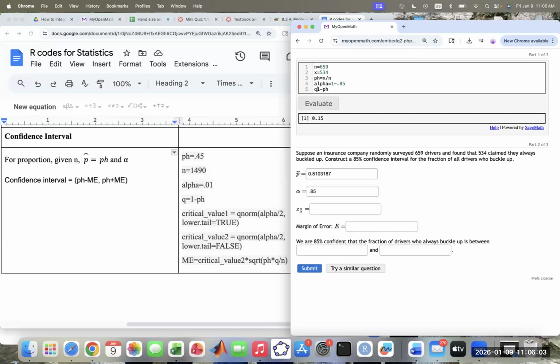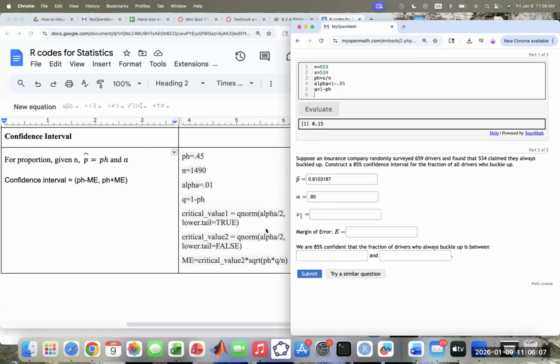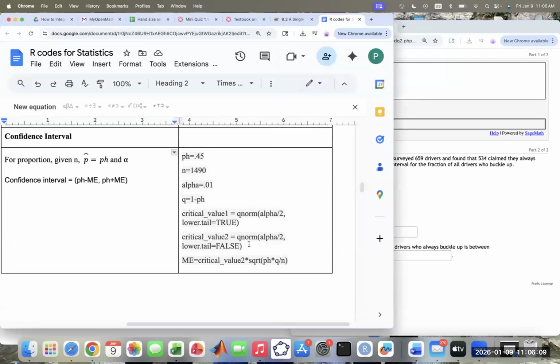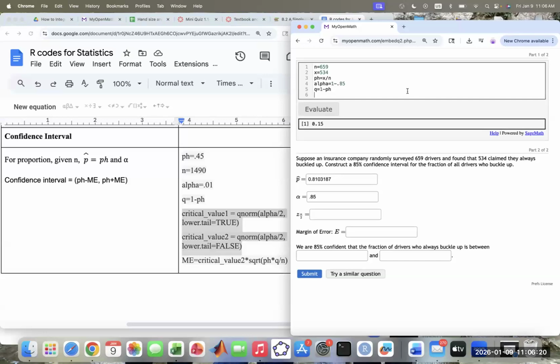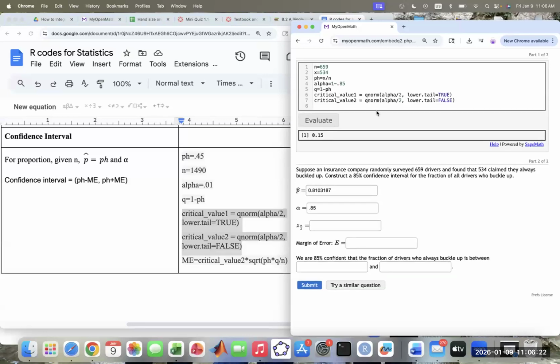So when you have this done, you copy this code right here. They're going to give you two things, and you're going to use the positive one only. So I'm going to copy these two anyway. When you hit evaluate, it gives you the last value right here.